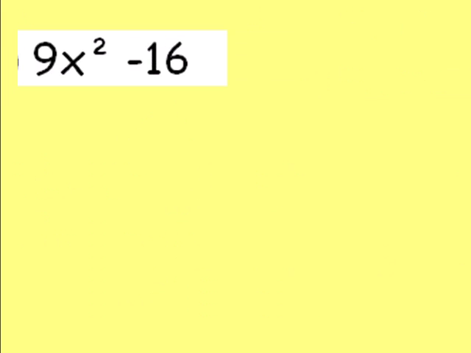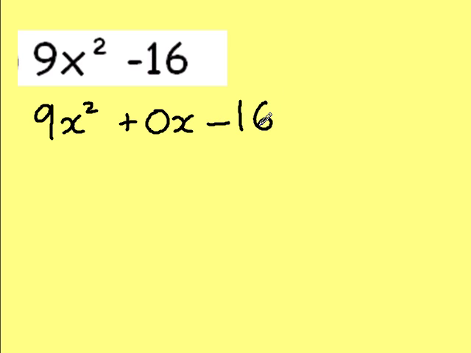Question 2. So 9x squared, we have 0 x's and minus 16 at the end. Now to identify the A, B and C, I know A is 9, B in this case is 0 and C is minus 16.